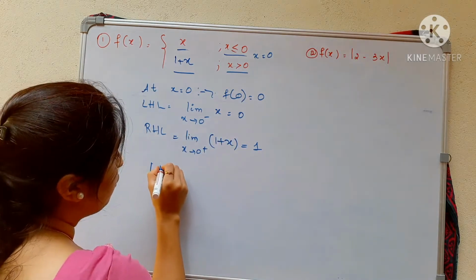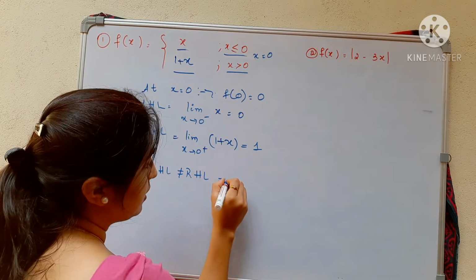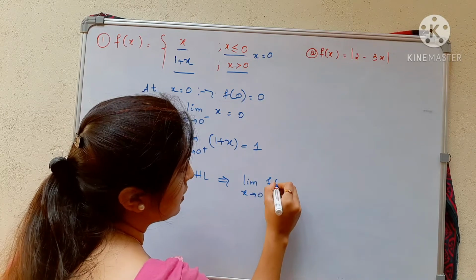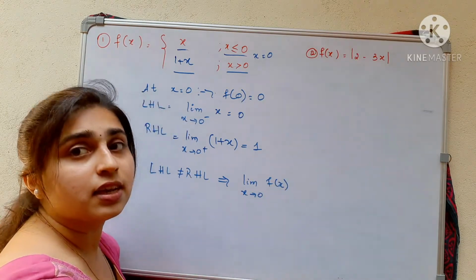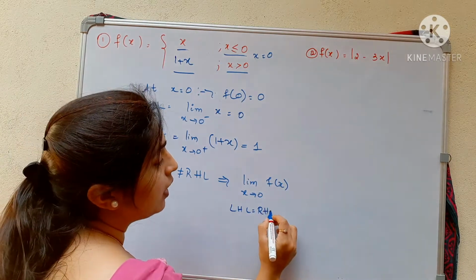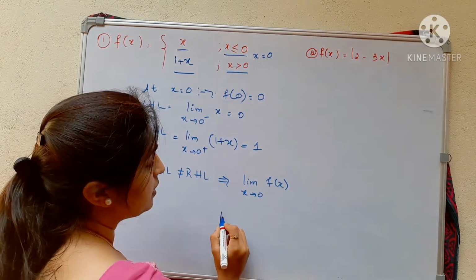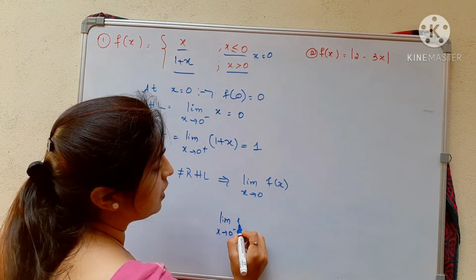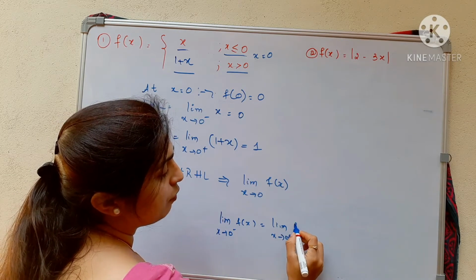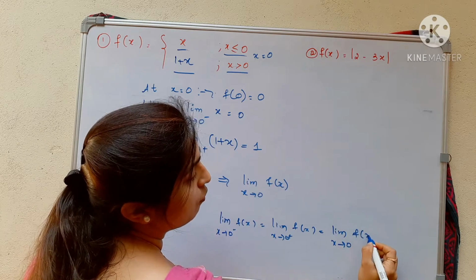So the left hand limit is not equal to the right hand limit. That means limit x approaching 0 of f of x doesn't exist. The limit exists when the left hand limit is equal to the right hand limit, that is, limit x approaching 0 minus f of x equals limit x approaching 0 plus f of x, which is limit x approaching 0 of f of x.